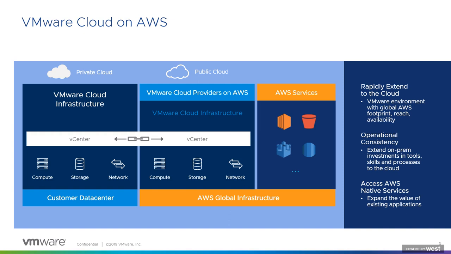It gives you operational consistency and security consistency in that everything that you've done on-premise with your VMware environment can automatically go straight to the cloud. And more importantly, it gives you access to native AWS services that you know well, like EC2 or S3 or RDS, and Jay will touch a little bit more about that later in our presentation today.